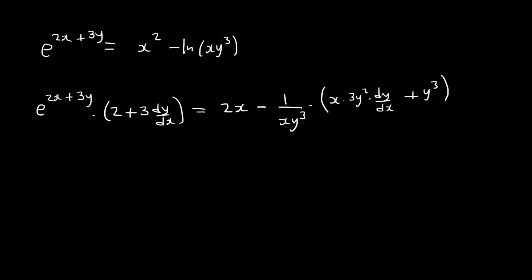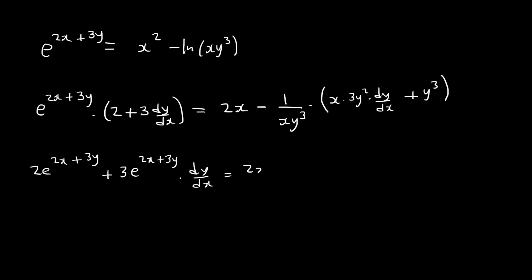So now we try to simplify. The easy way is to first multiply into the bracket. So if I multiply into the bracket, I have 2e^(2x+3y) plus 3e^(2x+3y) times dy/dx.